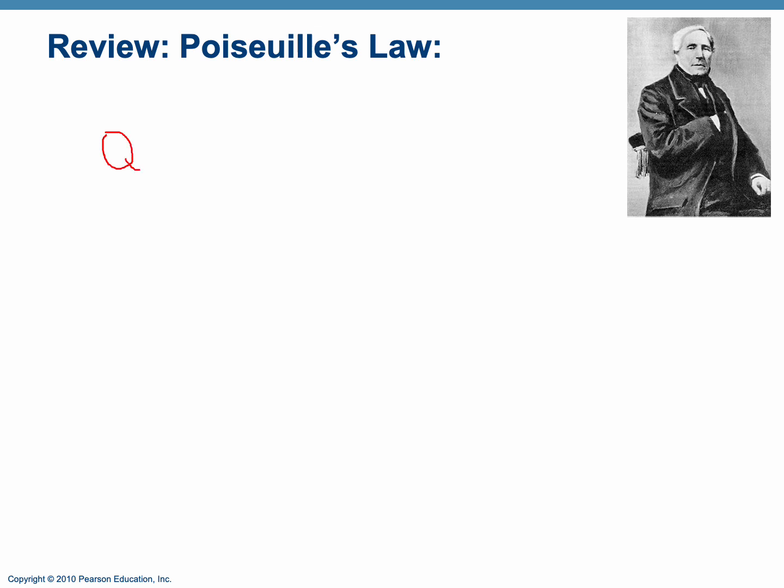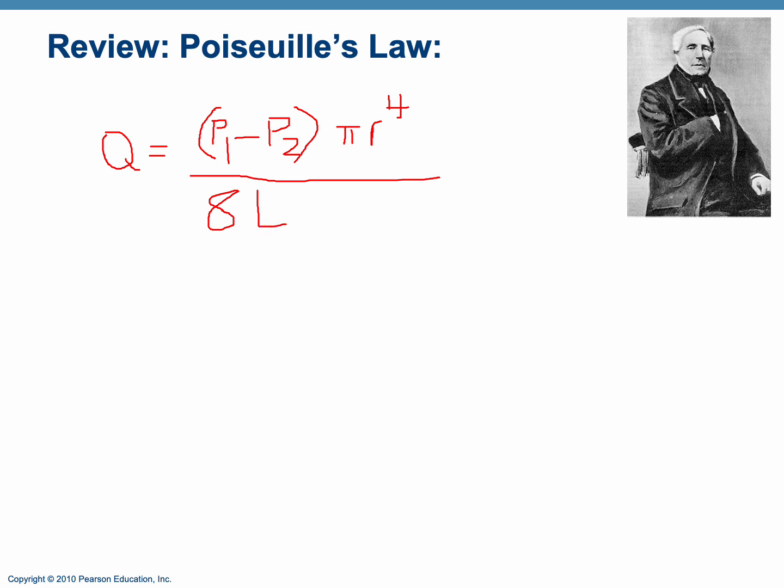We have Q equals P1 minus P2 in parentheses, pi r to the fourth power, divided by 8 L and eta. What do these terms mean, right?